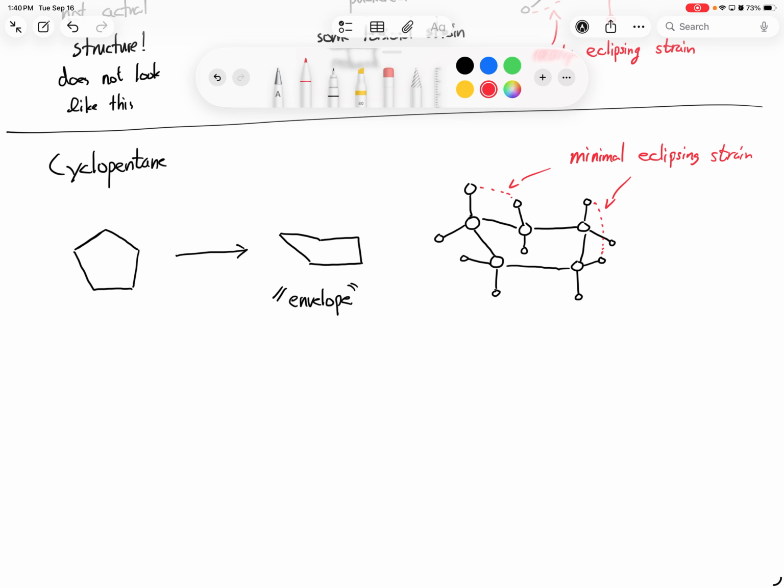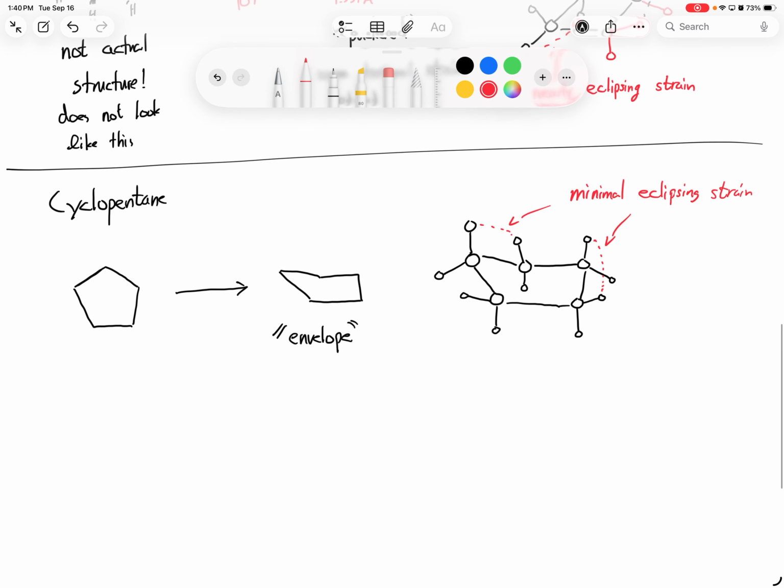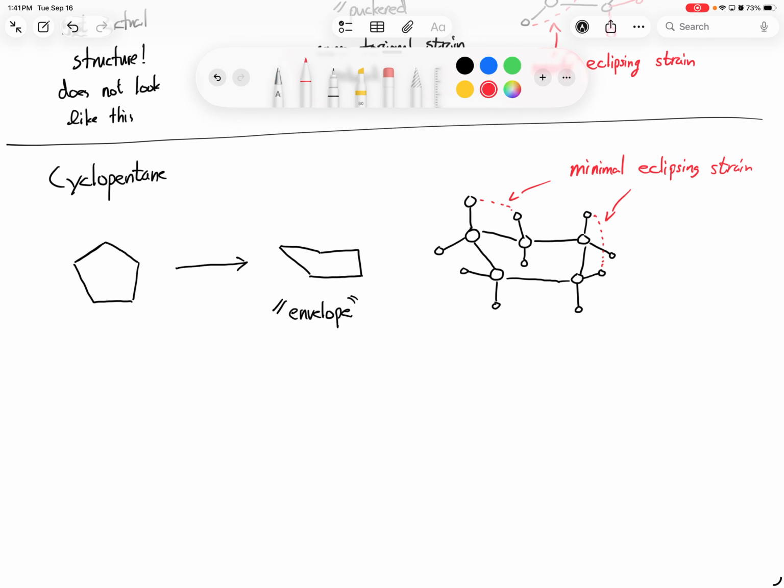And if we want, maybe we could calculate the angles in cyclopentane. So if we take 180 times n minus 2, what would n be in this case? 5.